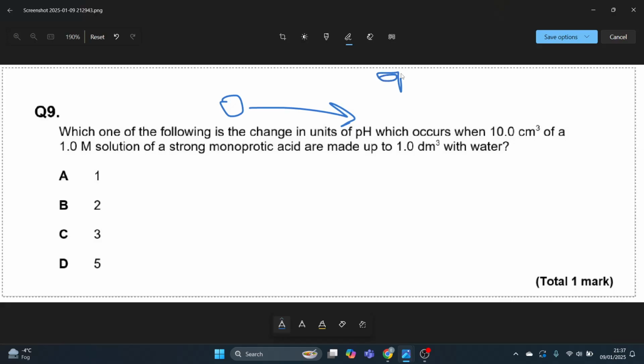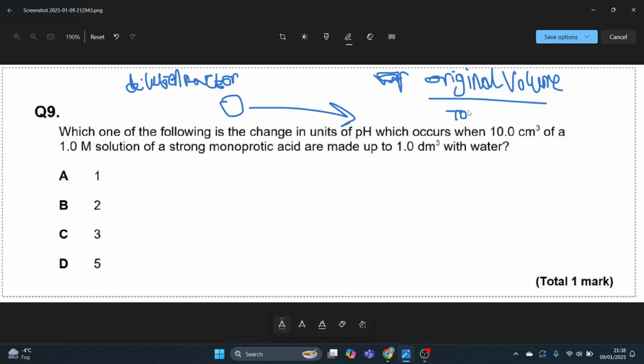It's to find out the dilution factor, that's what I need to find out in this case. And I'm confused why this asked me for 1 mark, but it clearly can't be too hard since it's only 1 mark. It's going to be the original volume divided by total volume. And here's the tricky part that I fell for.